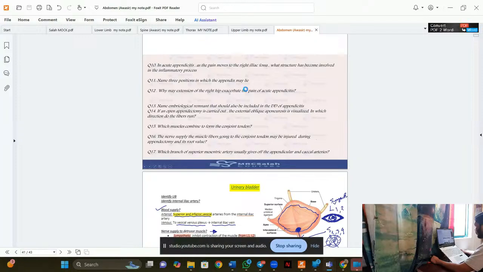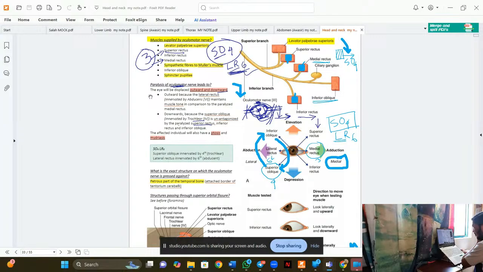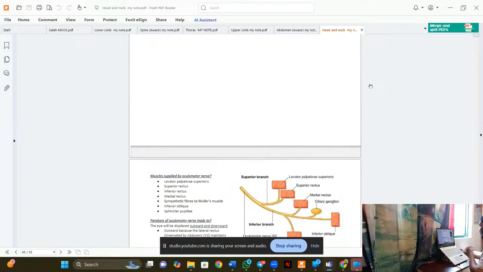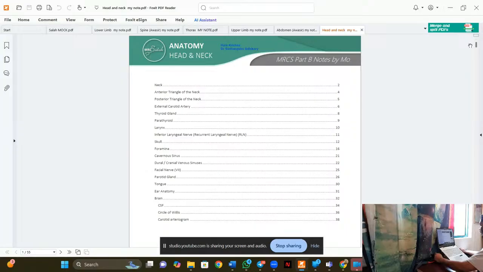It's moving. Okay, you can see the screen now? Can you see the screen?